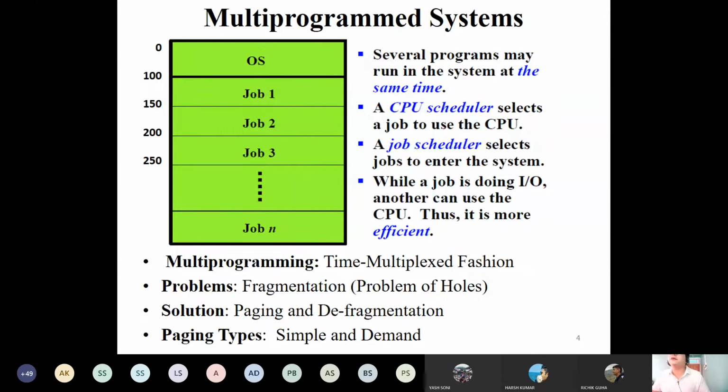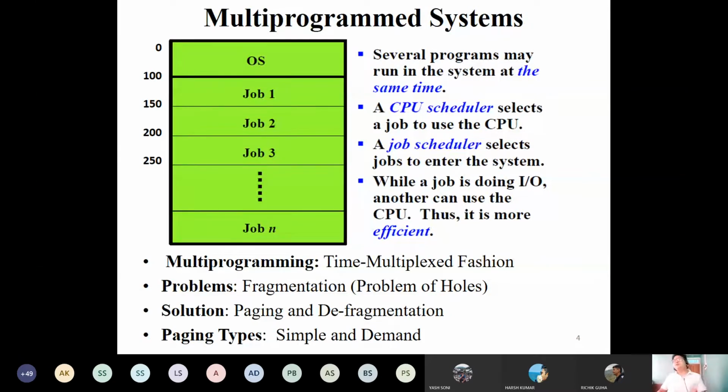Bringing jobs from the secondary storage device to main memory, and sending jobs from main memory back to the secondary storage device, is the job of the job scheduler. The main task we will consider is which job to bring from the secondary storage device to the main memory. That's why it's said that the job scheduler selects jobs to enter the system.